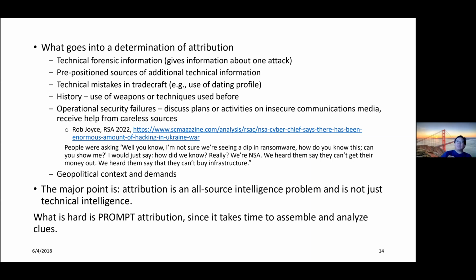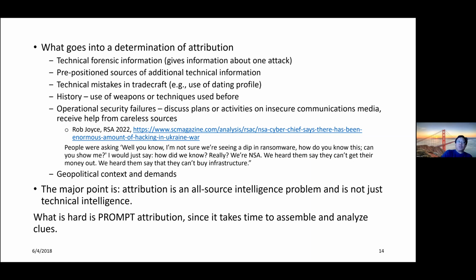Maybe the other guy makes mistakes in tradecraft. He's used his dating profile and he uses his name on it, and it gives personal information away, and so on. Maybe he's used the same techniques or weapons before. These are operational security failures. They discuss stuff on insecure communications media. They receive help from careless sources.